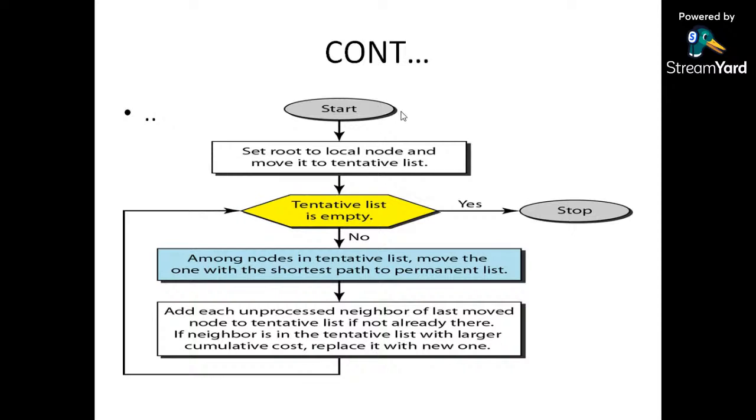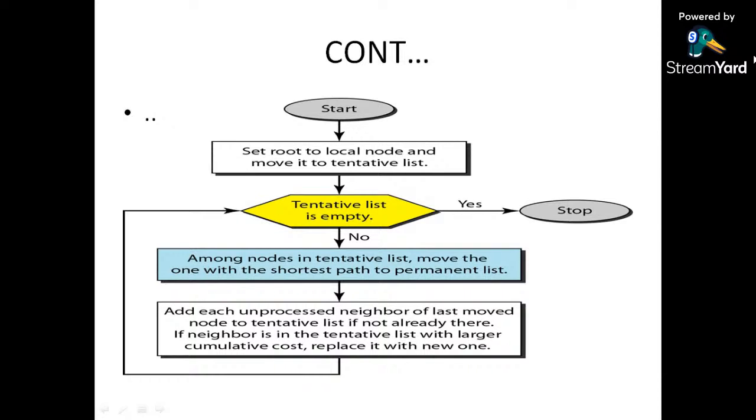We start by setting the root to the local node and moving it to the tentative list. Now suppose the tentative list is empty, then we stop. If not, we select among the nodes in the tentative list the one with the shortest path and move it to the permanent list. Add each unprocessed neighbor of the last node to the tentative list if not already there.